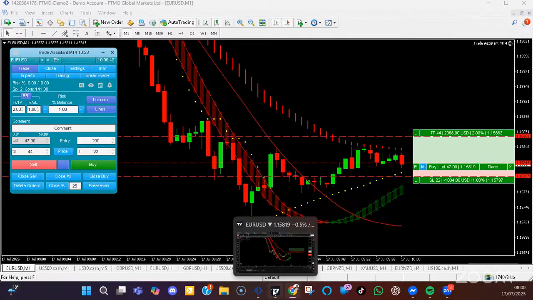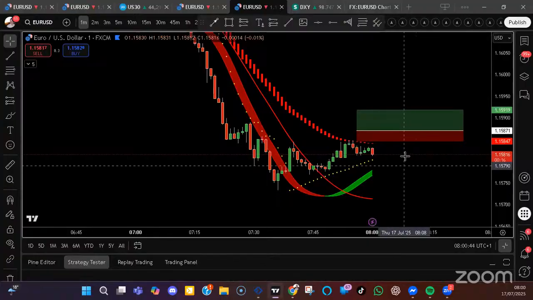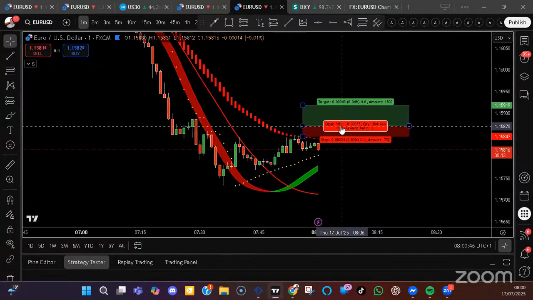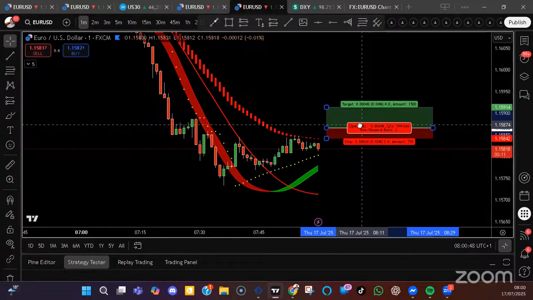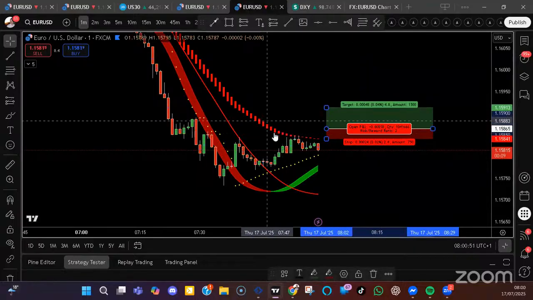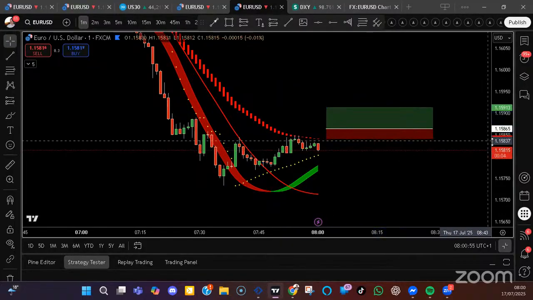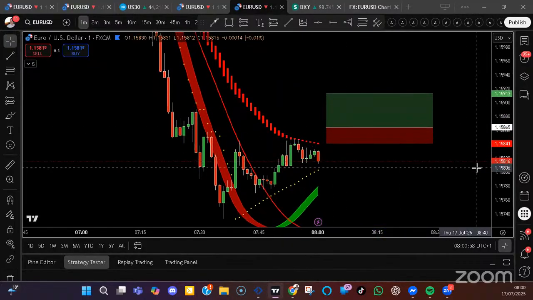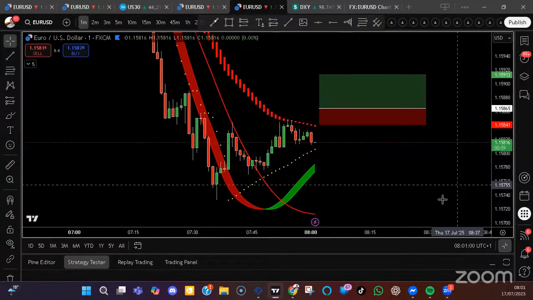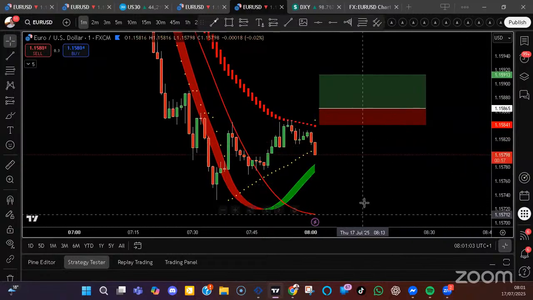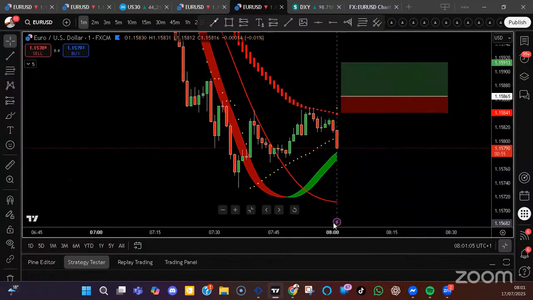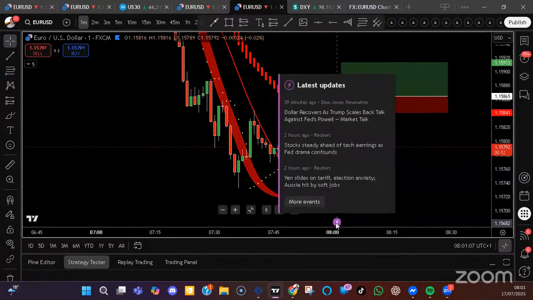So we're on the verge of maybe this is what it looks like. Volume is running right out. You can see that obviously by the amount of volume, it's got a lot smaller. And if anything, we're going to carry on the sell. Dollar recovers as Trump scales back talk against Fed's Powell's market talk.